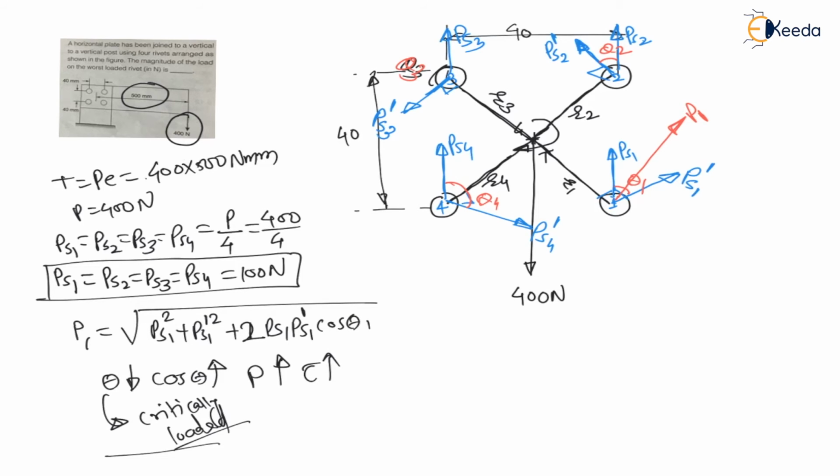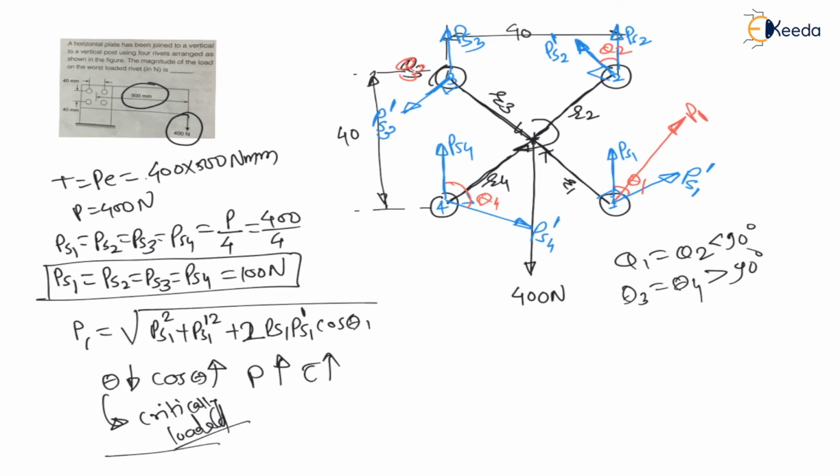Therefore look at theta 1 and theta 2. Due to symmetry we can say theta 1 is equal to theta 2, and theta 3 is equal to theta 4. But definitely theta 1 and theta 2 are less than 90 degrees, and theta 3 and theta 4 are more than 90 degrees. Definitely we can check in the diagram.